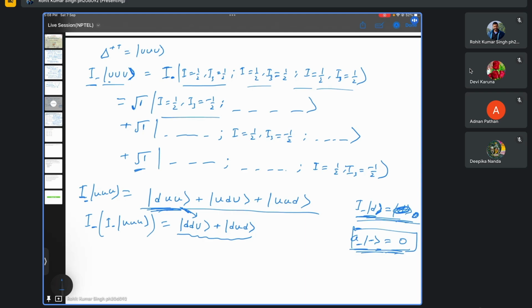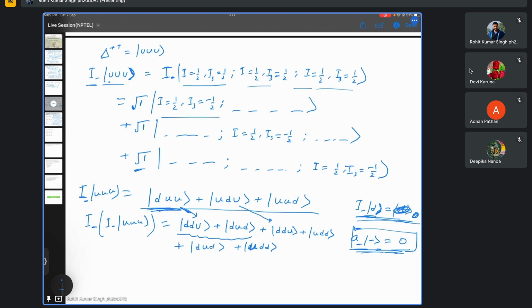Okay, and similarly from here you will have ddu plus udd, and from the third one you will have dud plus udd.